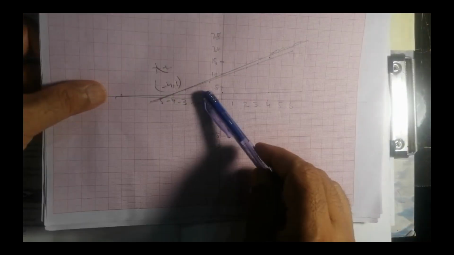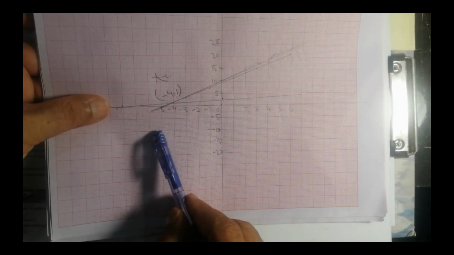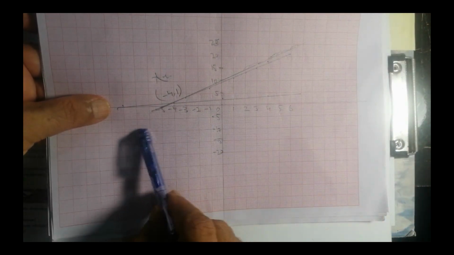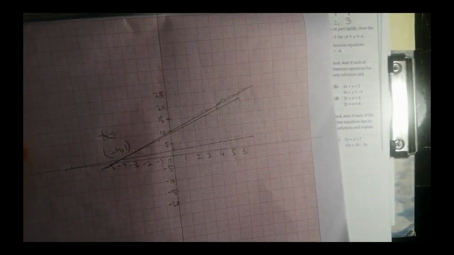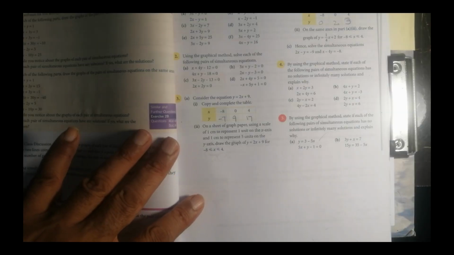So in case the lines are parallel, for example, if we drew this line and another line is like this, if they are parallel, they will never intersect each other, and in this case we say that the lines have no solution. So he told us to use the graphical method, but we can also find it by the gradient. If they have the same gradient, it means the lines are parallel.